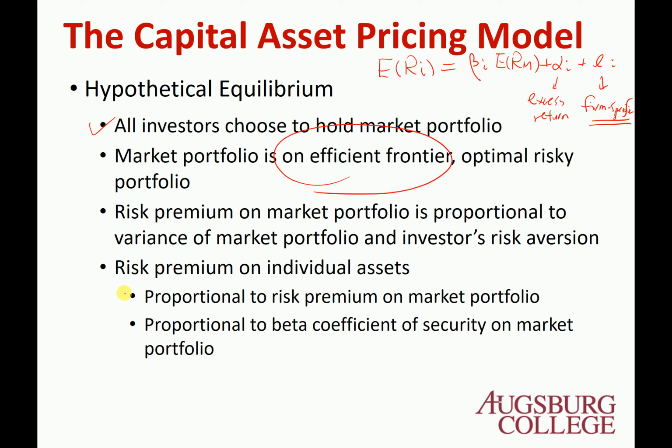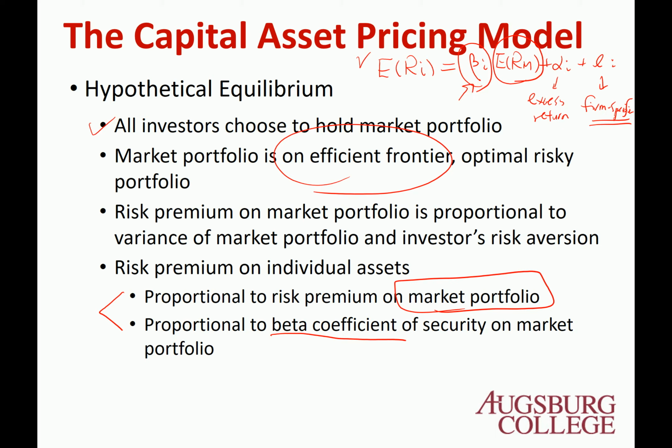So the risk premium of the individual has two factors. First, the market portfolio risk premium, which is captured by the expected return on the market from the single index model. Second is the beta portion, the beta coefficient of the security on the market portfolio. So this is the sensitivity to the market.